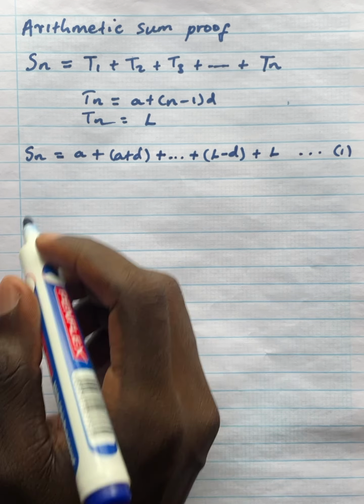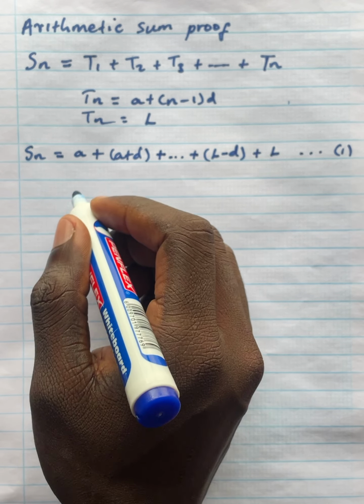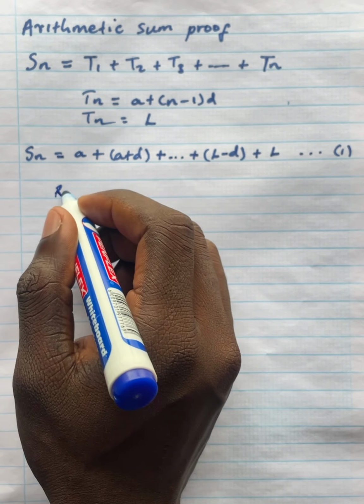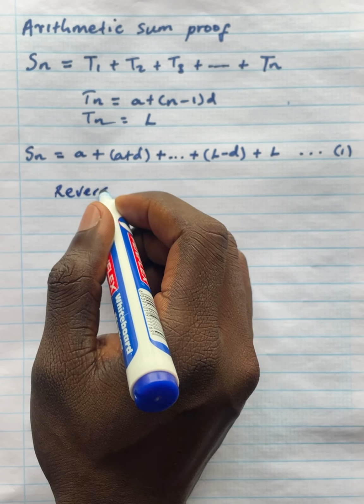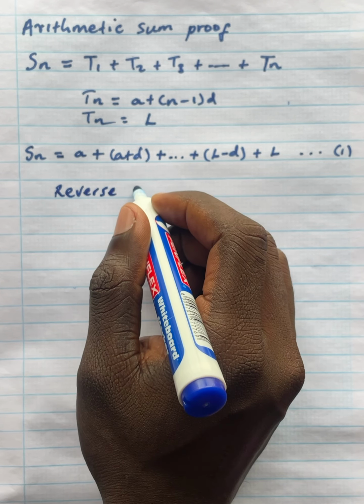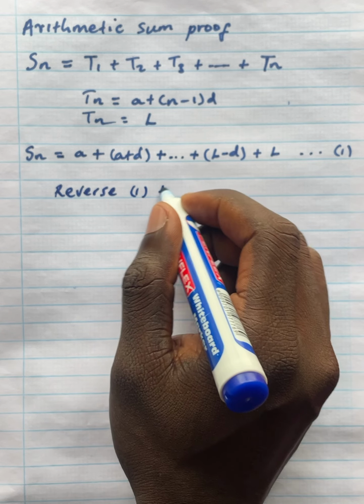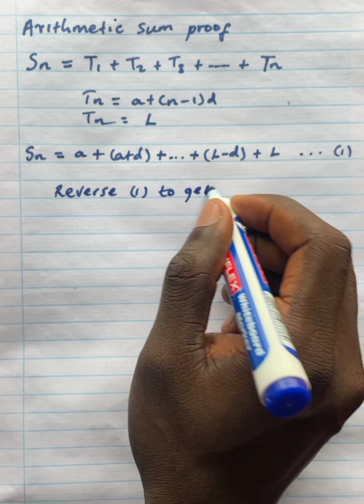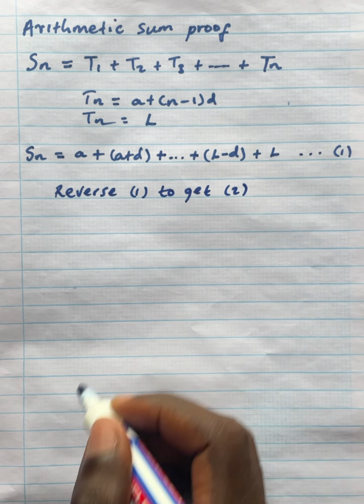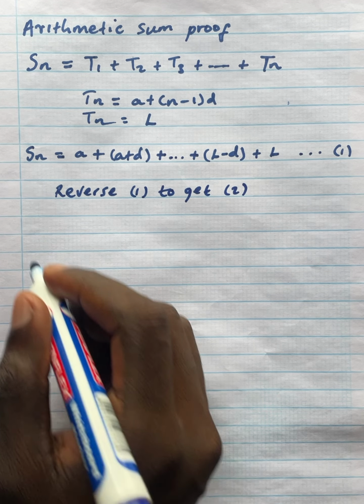And then in order for you to get equation number 2, you are going to reverse the order of equation number 1. So how do we do that? This is what we do.